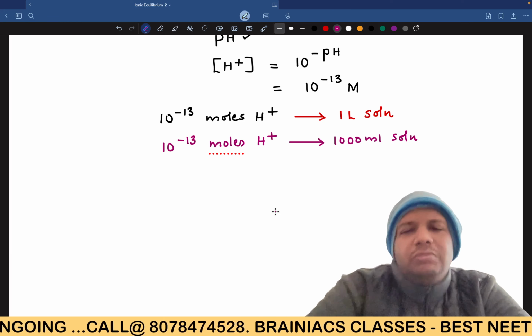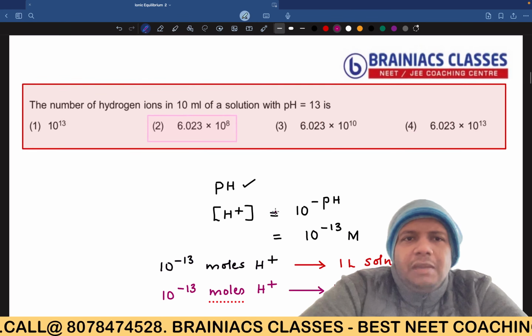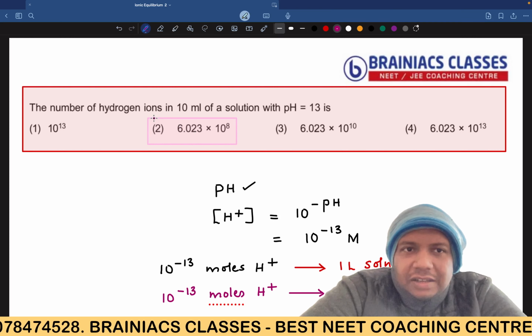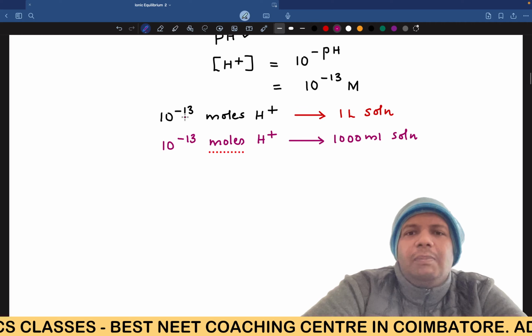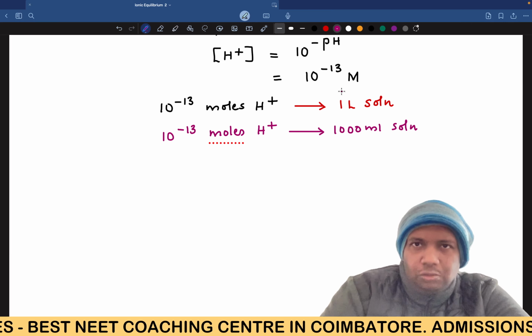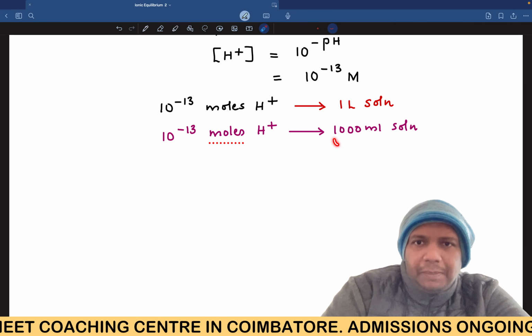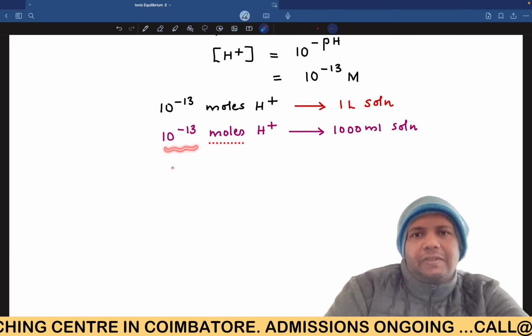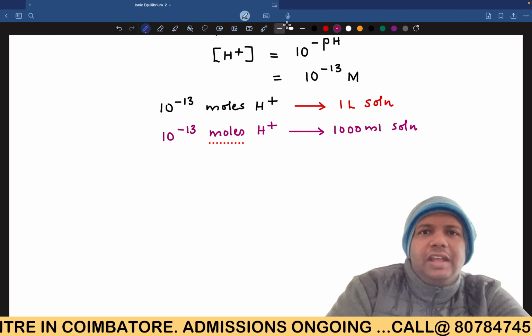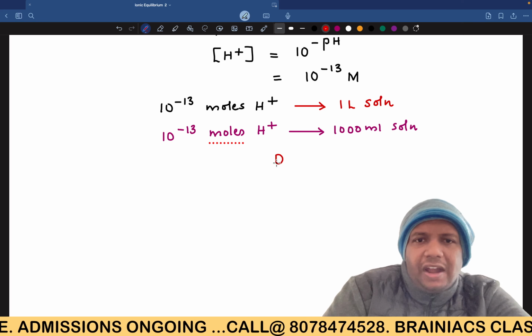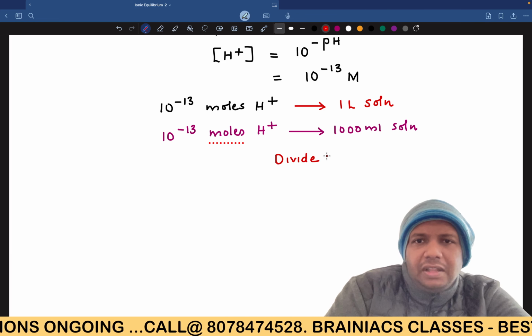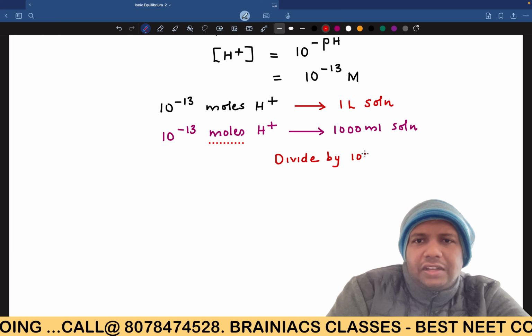Now from this you can easily calculate it. Why? Because they are asking you the number of hydrogen ions in how many ml? 10 ml. So we need to think about 1000 ml. In 1000 ml, this many moles are present. So in 10 ml, what should you get? You need to make it 10 ml. For that we need to divide by 100 on both sides.